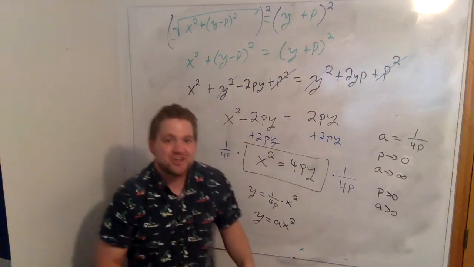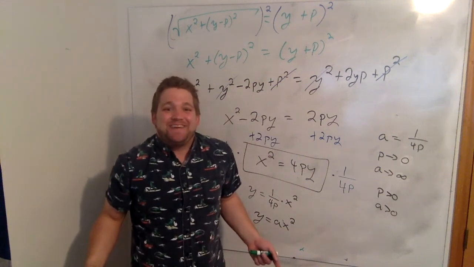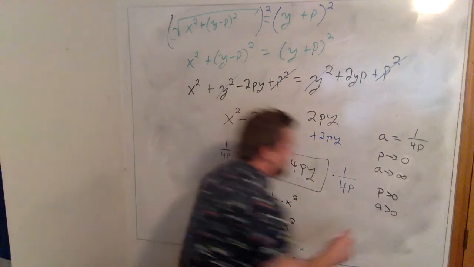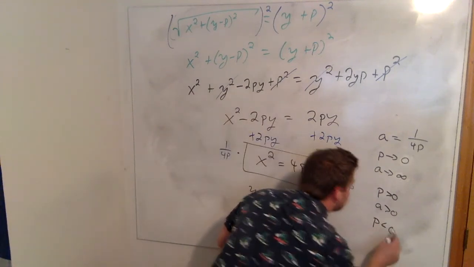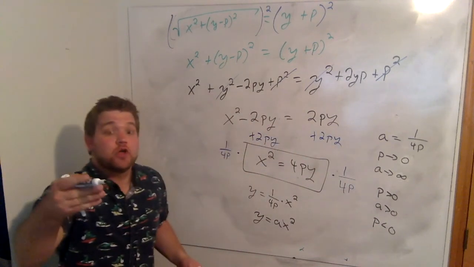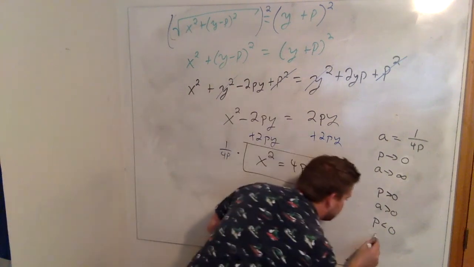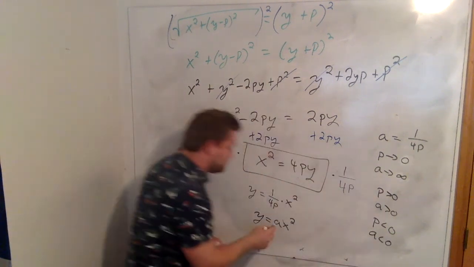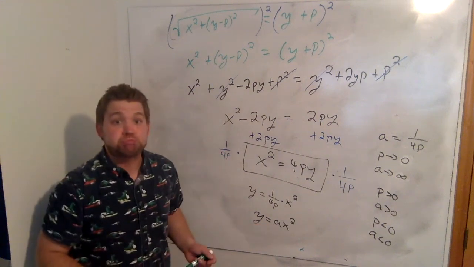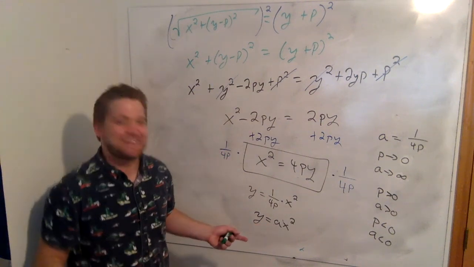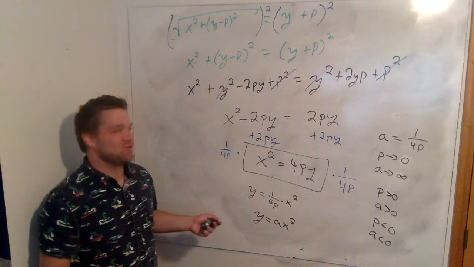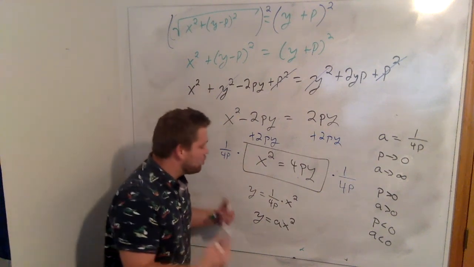If a is positive, we have a smiley face parabola. If p is negative, that's what we saw in the animation where the focus was below the directrix. If p is negative, then a is also negative, and we're going to have a frowny face parabola. This is beautiful.